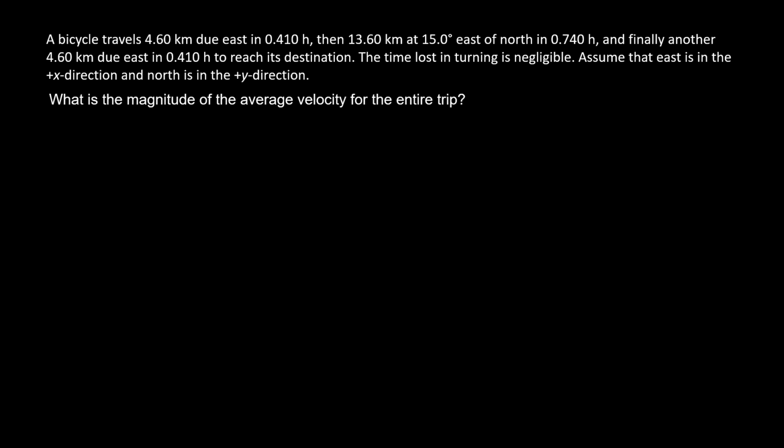So our question is to find the average velocity. The average velocity formula is total displacement over total time. So here we have delta R, the total displacement, over total time.